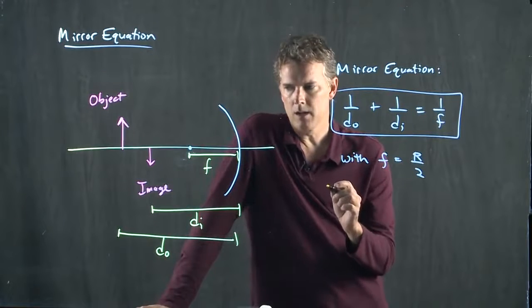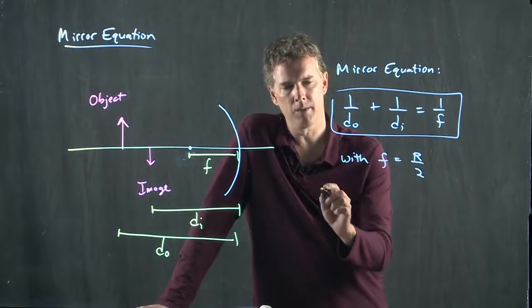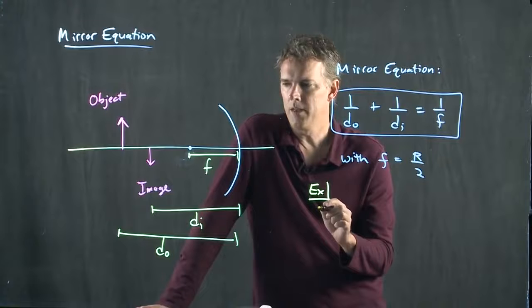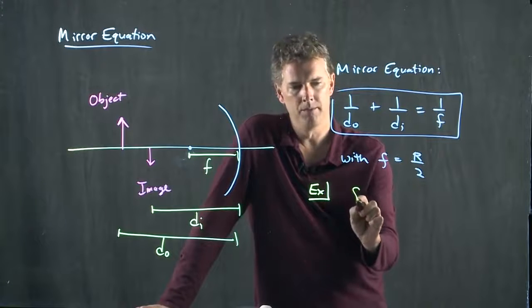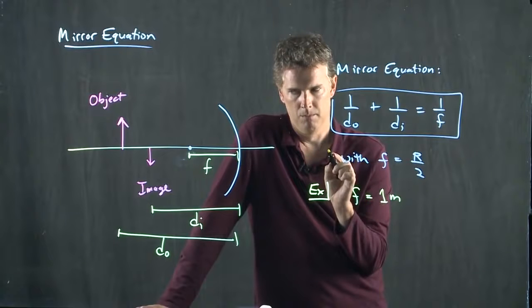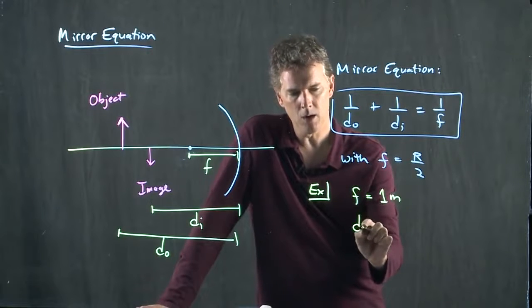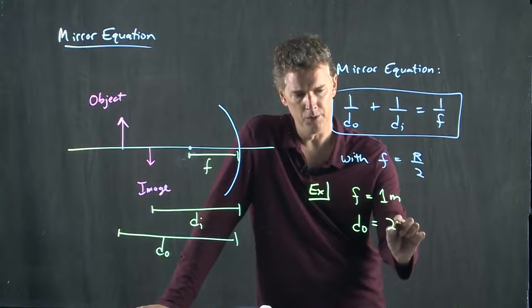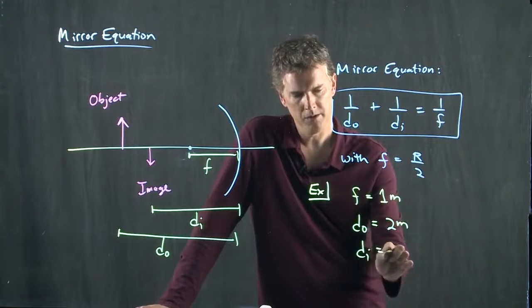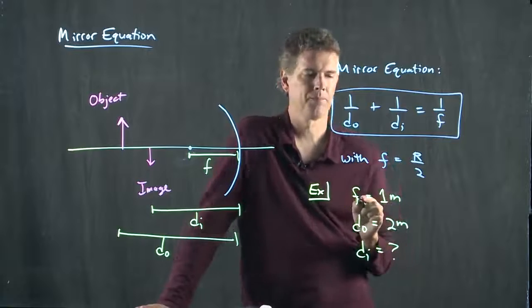In that question, we had the following. We had that the focal length was 1 meter. But we also had that dO was 2 meters. Can we solve this now for di?